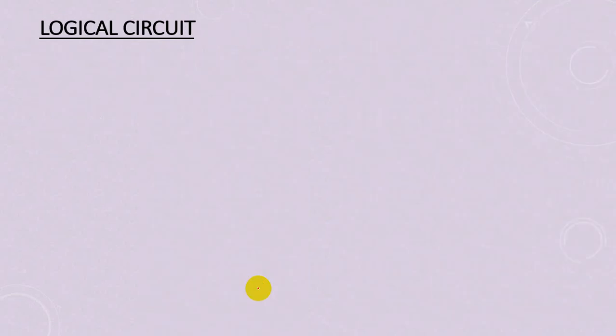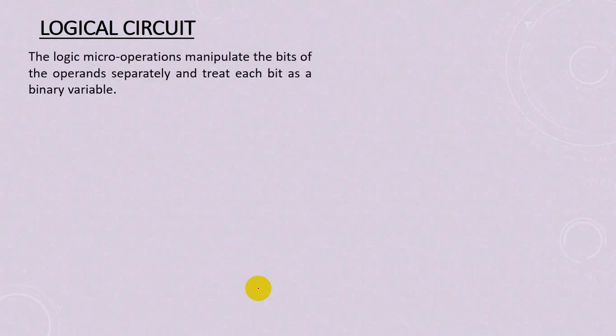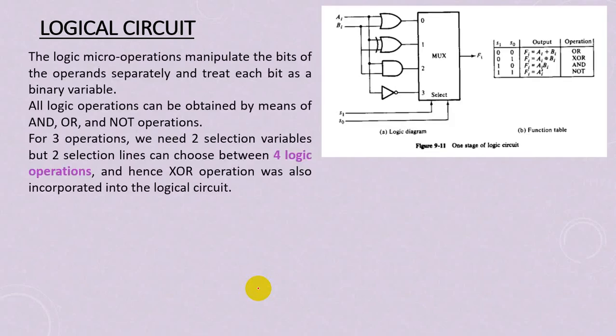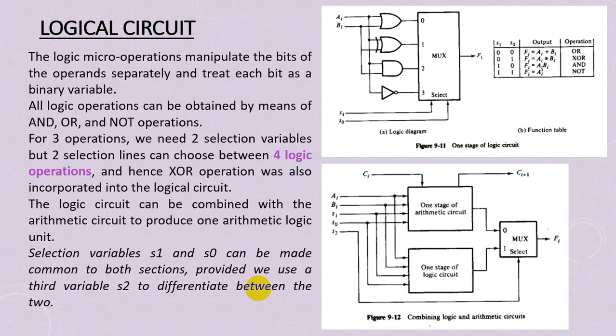We are going to do the logic circuit design, the part of the arithmetic logic unit that will perform logic operation. Now look at here. This is our arithmetic circuit, okay, that we have designed till now.